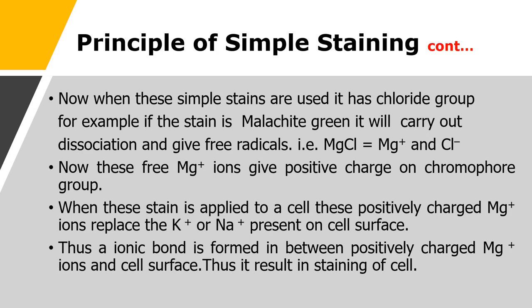When this stain is applied to a cell, the positively charged Mg plus ions replace the potassium and sodium ions present on the cell surface. Thus, an ionic bond is formed between the positively charged Mg plus ions and the cell surface. Thus, it results in staining of the cell.